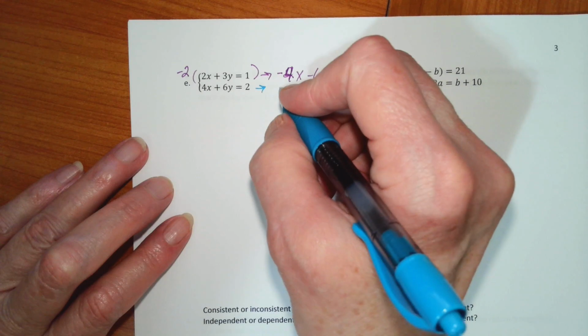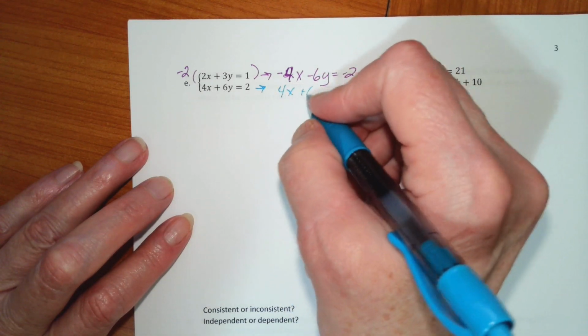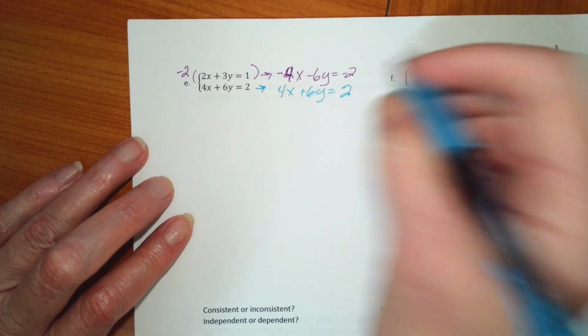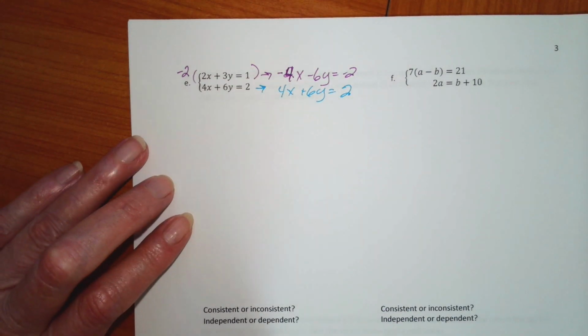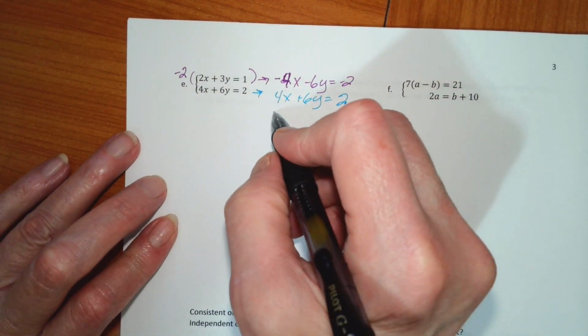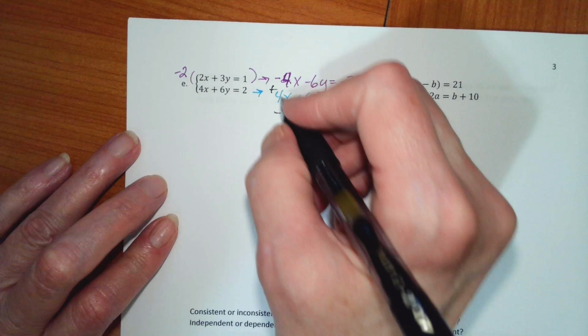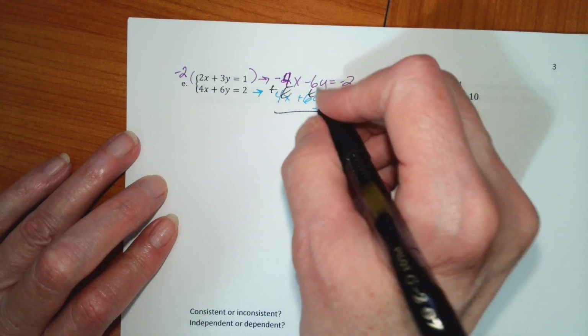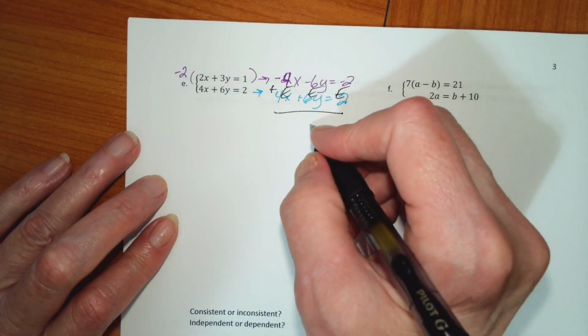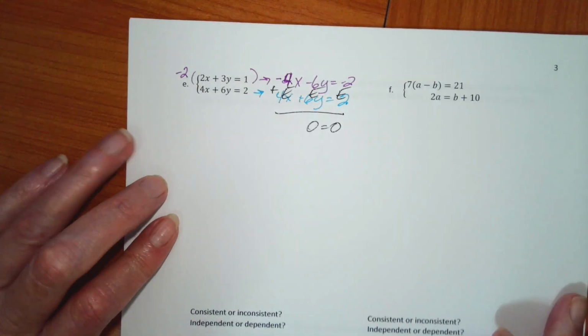This one is 4x plus 6y is equal to 2. So now when I add these together, this is eliminated, and this is eliminated. I get 0 equals 0.